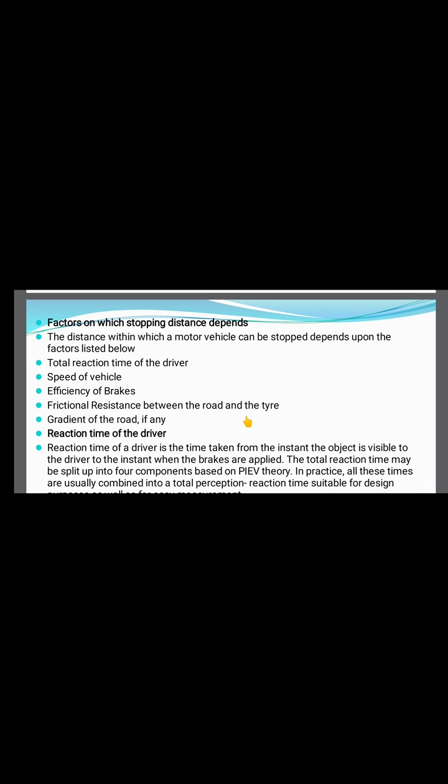At that point of time he needs a time, which is called the total reaction time. We'll discuss this briefly here. It is categorized into two: perception time and reaction time. But total reaction time means the time required mentally for a driver to stop that vehicle when he sees a stop.